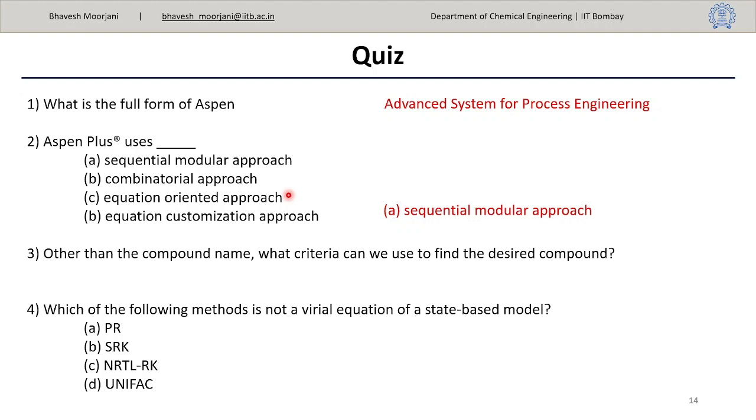Now when we were adding the compounds, other than the compound name, what other criteria can I use to find the desired compound? There were 2 properties that we had mentioned, right?